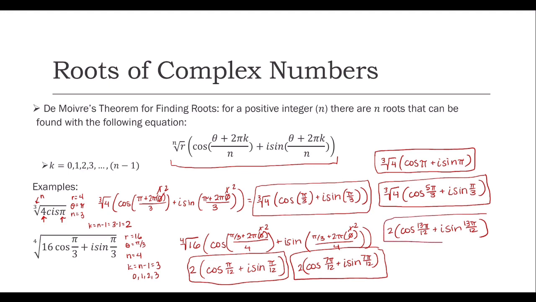And then finally, our fourth root will be 2 times the cosine, and we're plugging in 3. So it'll be pi over 3 plus 6 pi, which will be 19 pi over 3, which when we divide that by 4 will be 19 pi over 12, plus i sine of 19 pi over 12. So these here are our 4 roots for this second one.